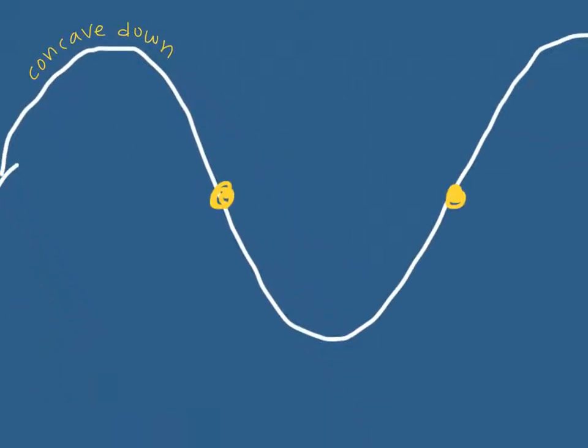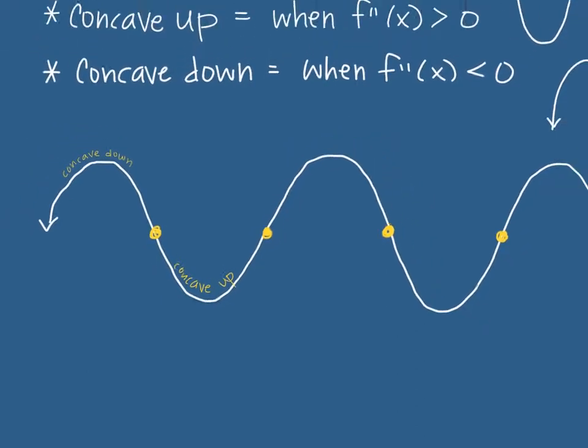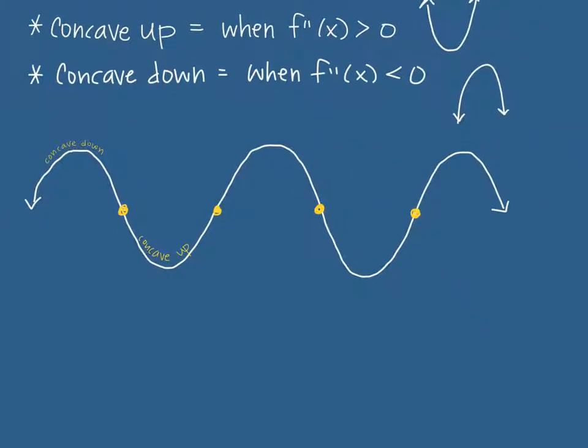The next section is considered concave up, or positive concavity. Then we've got concave down, which is negative concavity, and this continues to switch and switch.